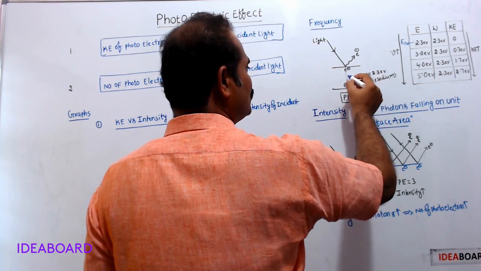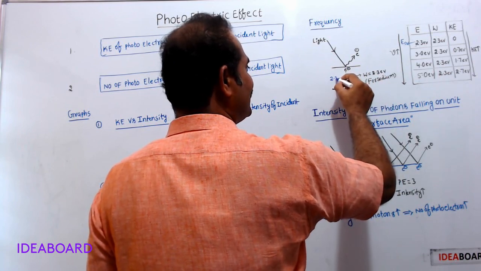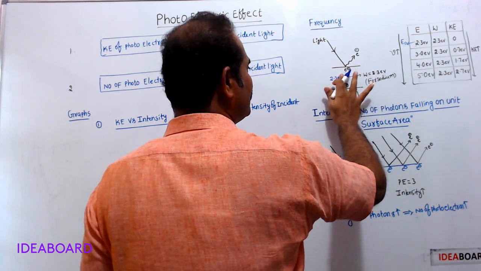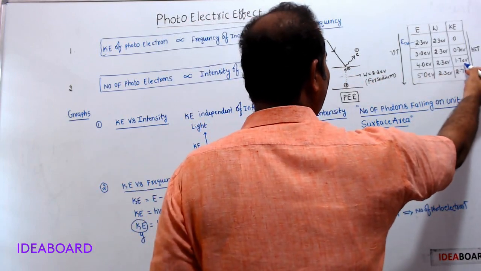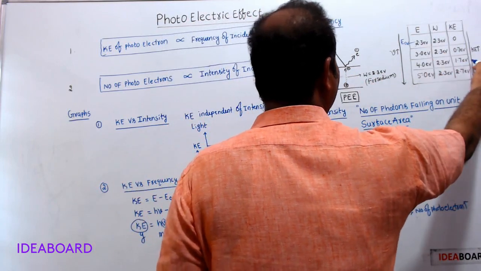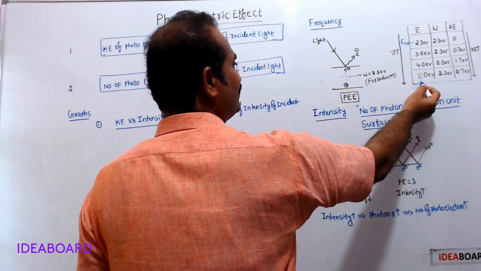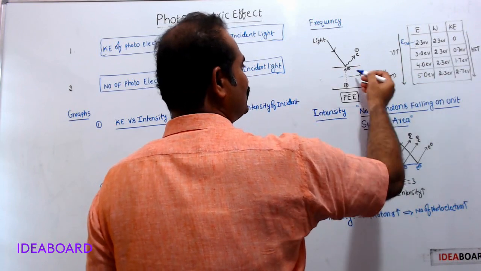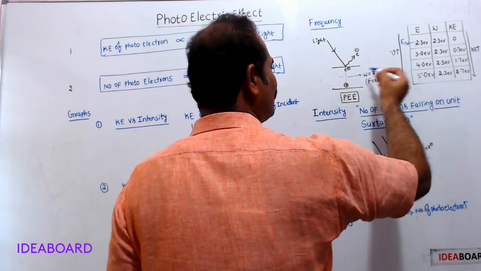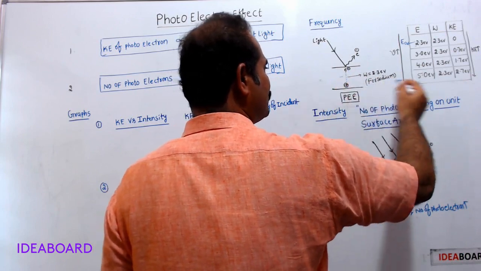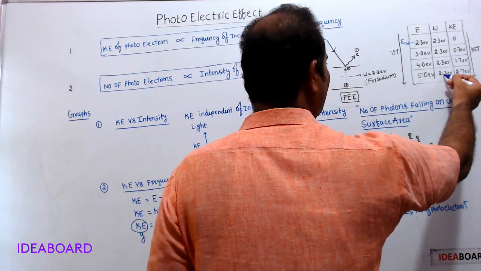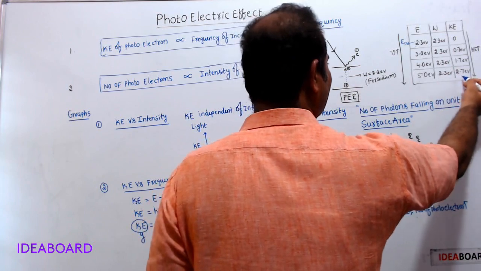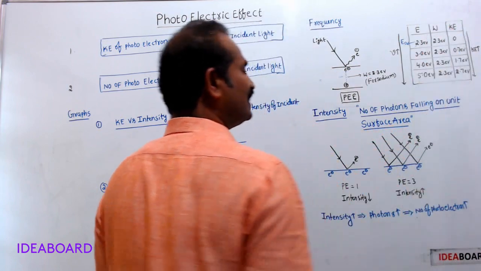Here 2.3 electron volts is utilized for breaking this bond. Therefore the remaining 1.7 electron volts turns to kinetic energy. Similarly, when 5 electron volts is applied to the electron, 2.3 electron volts is utilized for breaking the bond, and the remaining 2.7 electron volts turns to kinetic energy.